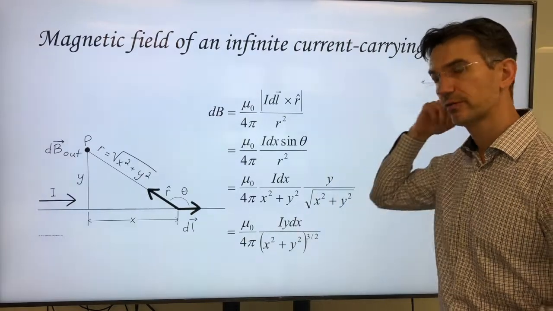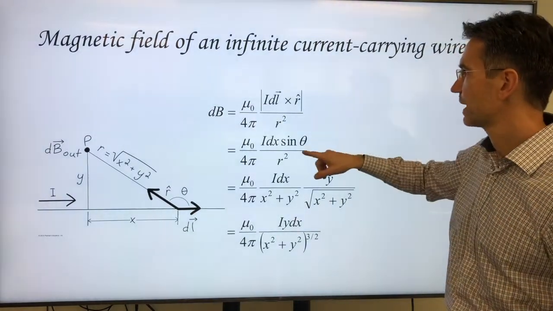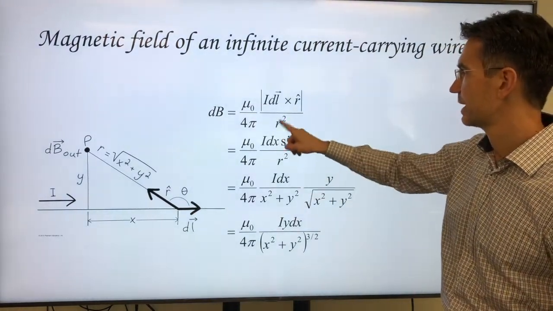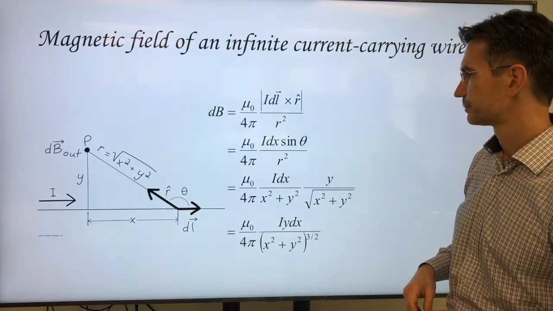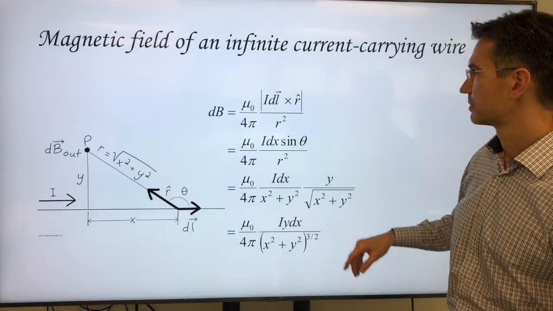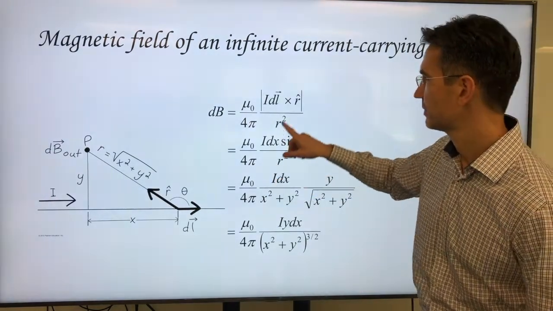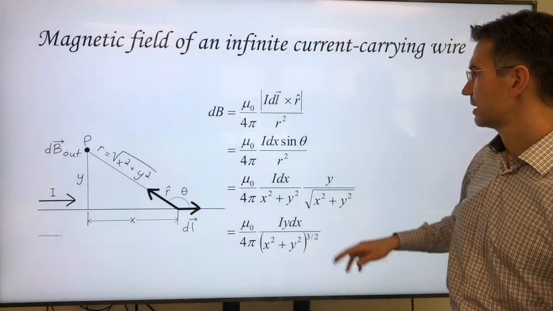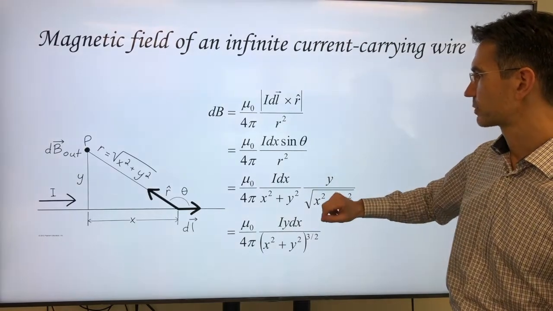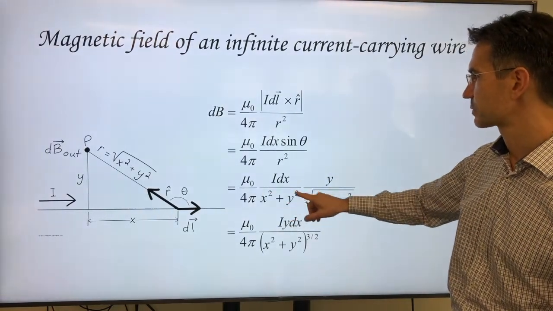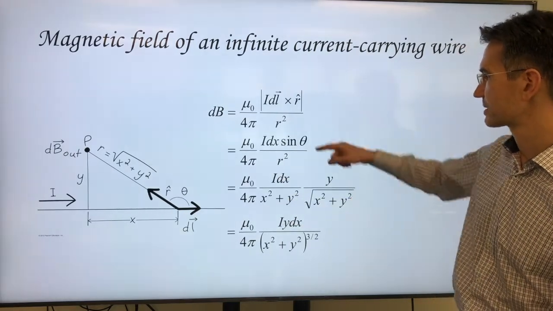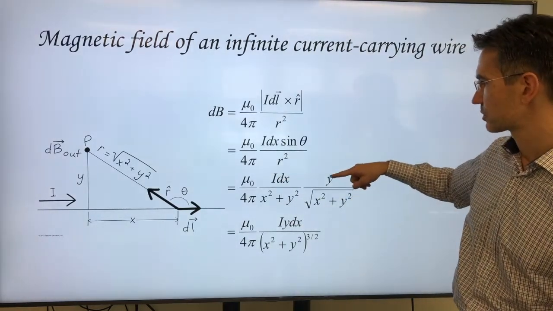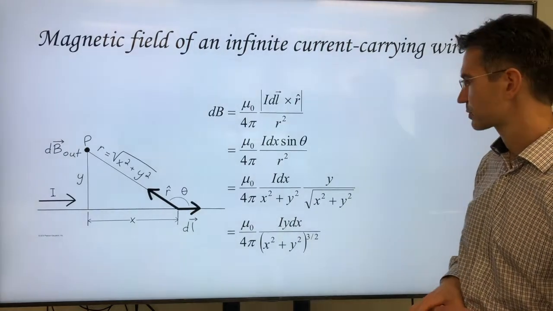We already know which way the vector points. So this cross product is I dx sine theta over r squared, by definition of the cross product. And then on the next line we have expressed r squared as x squared plus y squared, and sine theta is actually just y over the square root of x squared plus y squared.